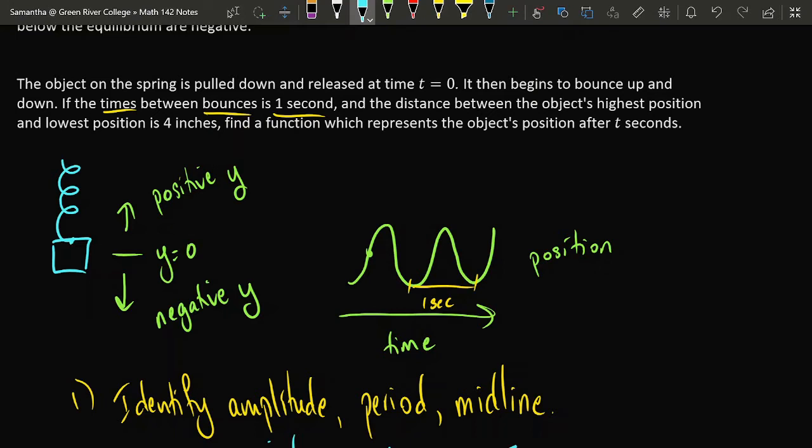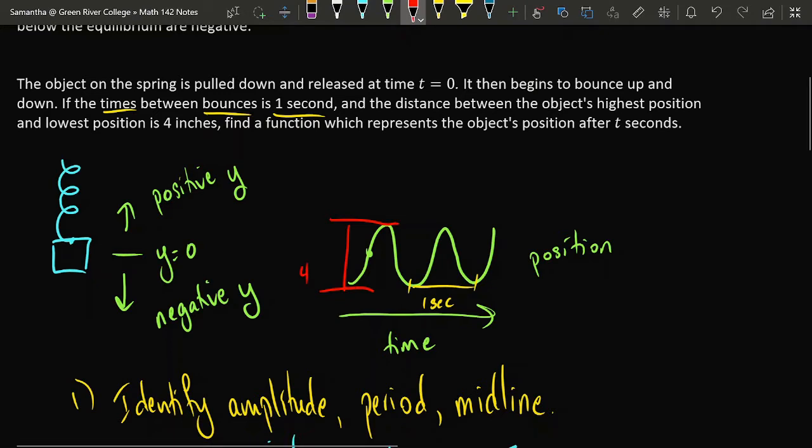The distance between the object's highest position and lowest position is 4 inches. So what are we being told? We're being told that if we look at the distance between the peak and the bottom, that distance is 4 inches in total.